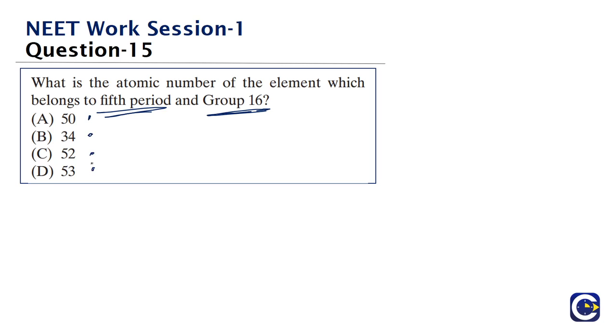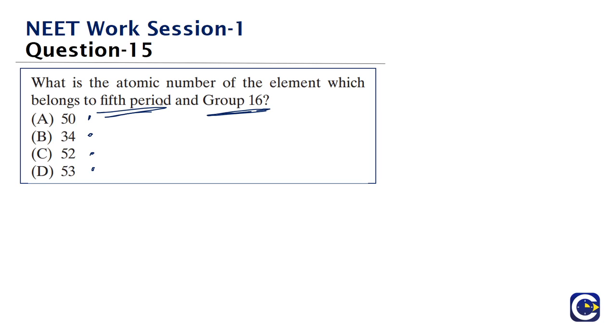Either you look at the position of the element in the periodic table and then get the atomic number, or otherwise we can check these atomic numbers, electronic configuration, and then decide.